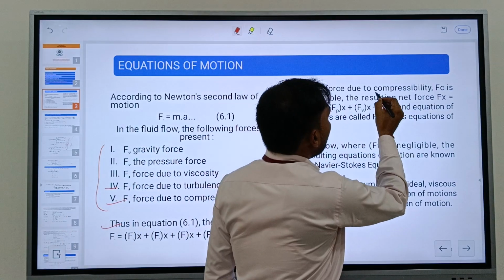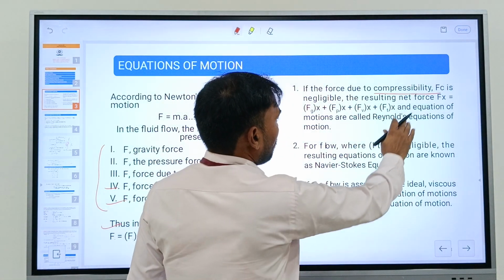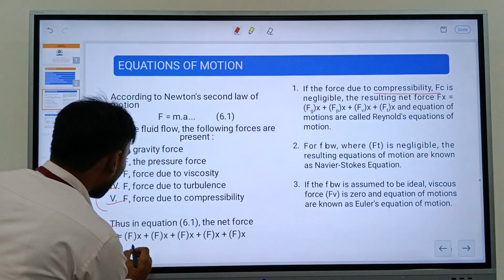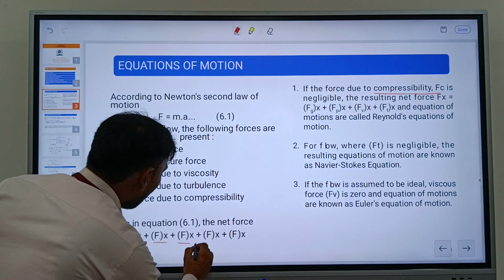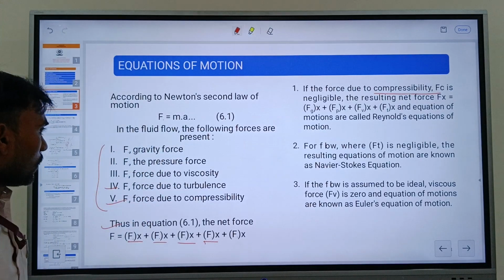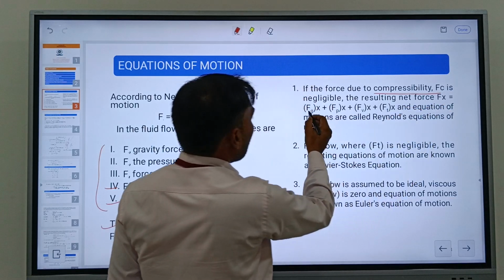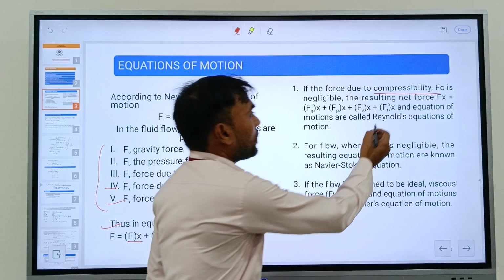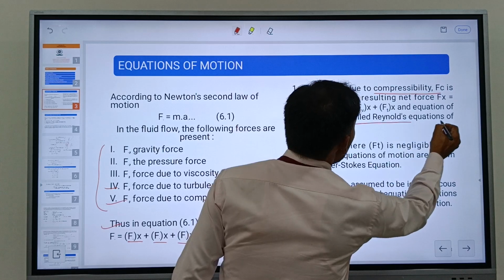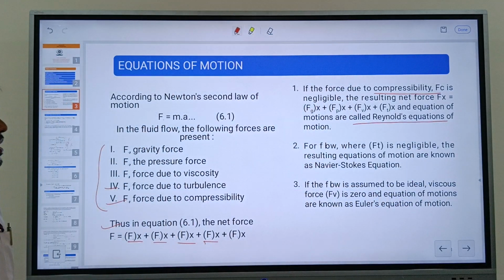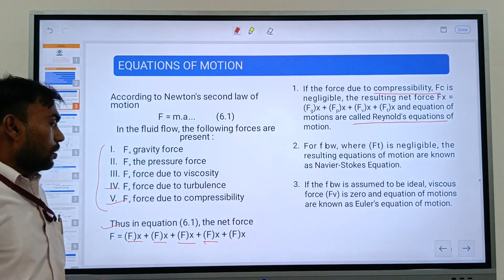If the force due to compressibility, Fc, is negligible, the resulting net force Fx will be equal to Fgx plus Fpx plus Fv plus Ftx. These equations of motion are called the Reynolds equation of motion. In the Reynolds equation of motion, only the force due to compressibility is not considered.